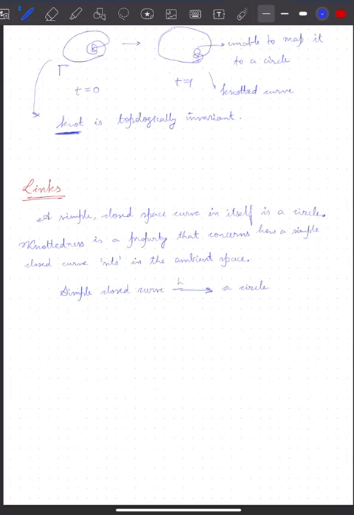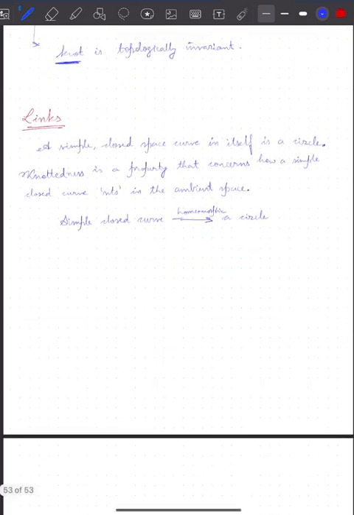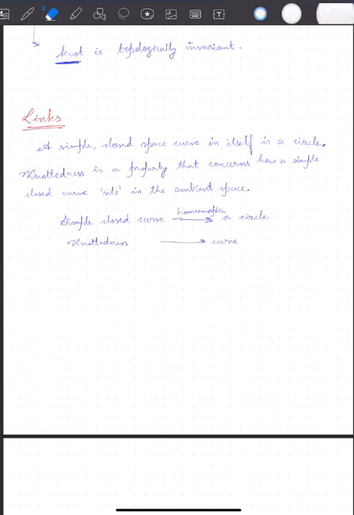And knottedness concerns how the curve is embedded in R3.